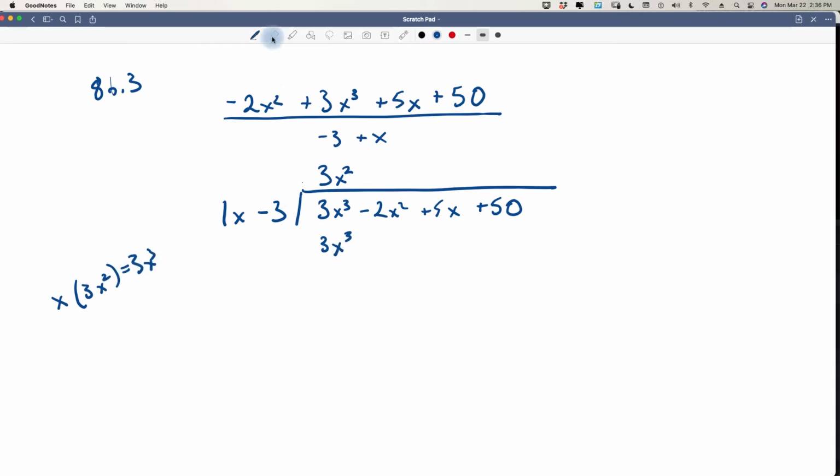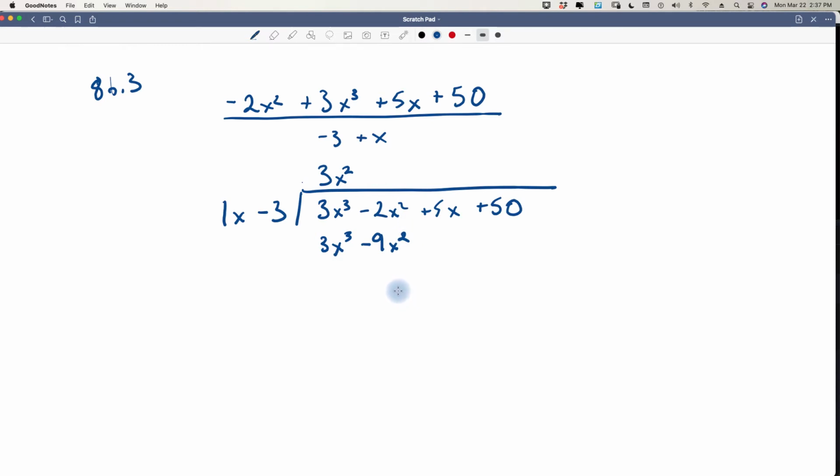Same answer, right? Okay. But now you're also going to multiply this times your second term in your divisor. So 3x squared times a negative 3 is going to give you a negative 9x squared.